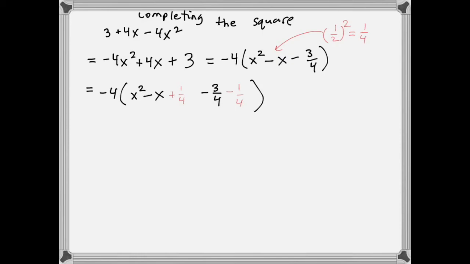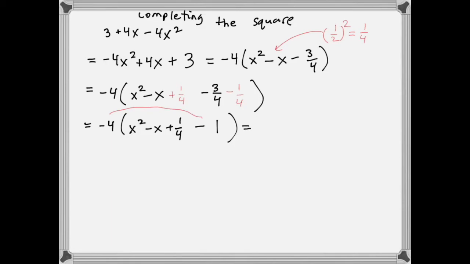So here's what we get. We end up with negative 4 times (x squared minus x plus 1/4), and then minus 1, right? Why do we get minus 1? Well, 3/4 and 1/4 give you 1. Now, we're going to do an interesting trick here. We actually want to get rid of this -1, so we're going to break it out by multiplying these two together.